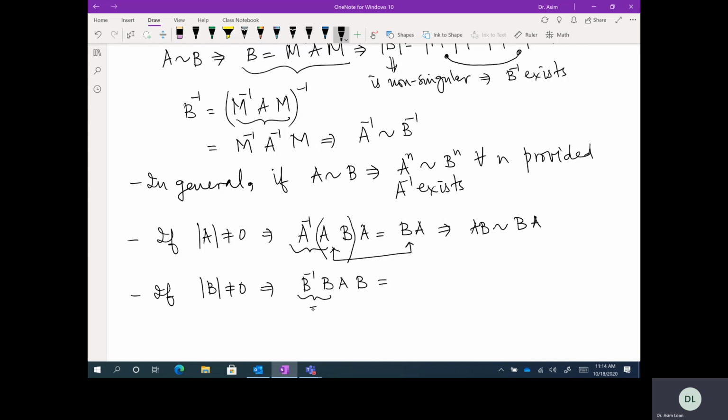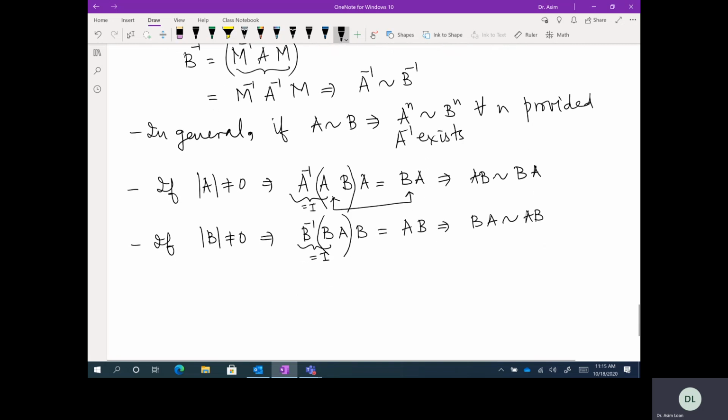Since this is identity, this is always going to be equal to AB. But again, since matrix multiplication is associative, if I put a parenthesis over here, this simply means BA is similar to AB. Although actually we could have also said it from here, because the similarity transformation is symmetric, so since AB is similar to BA, BA should be similar to AB.